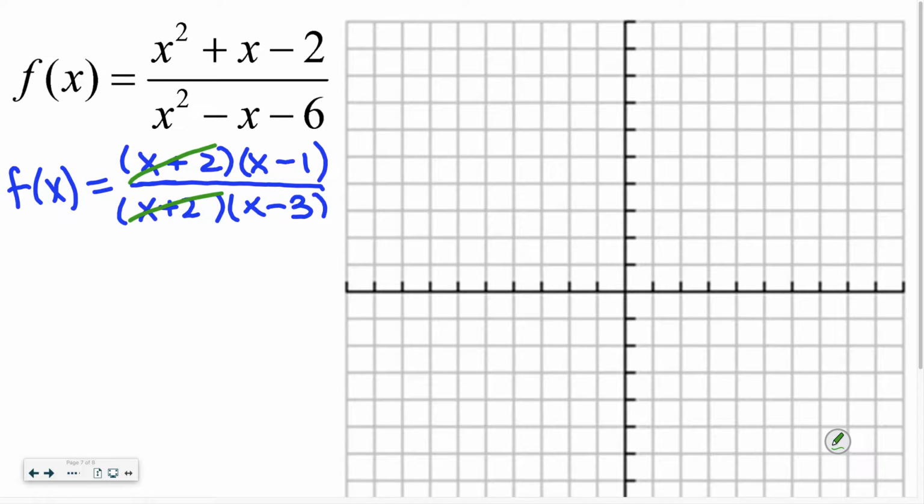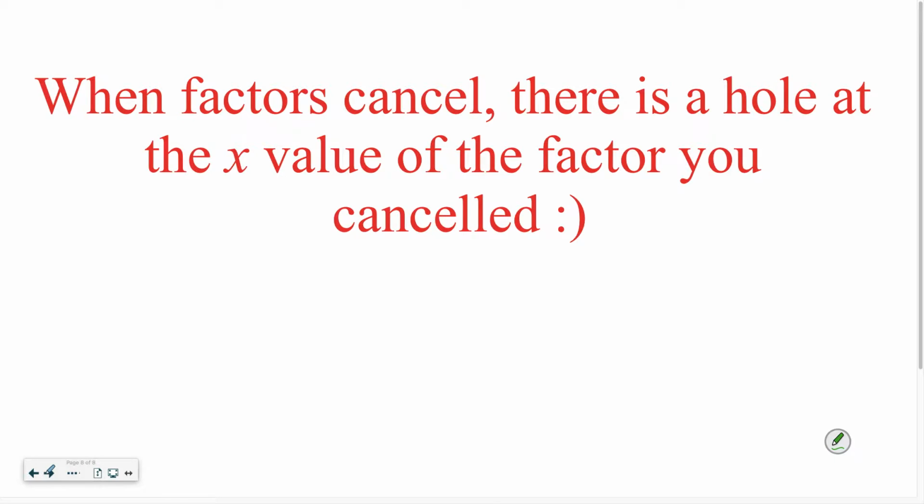We can cancel. Do you think that means something? Yes. Yeah, it does. It means something very special. You don't have to write this down quite yet. When factors cancel, it means there is a hole in our graph. So if you want to make a note somewhere, you can.